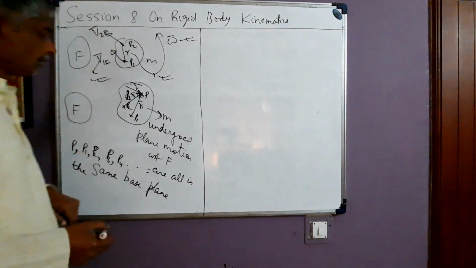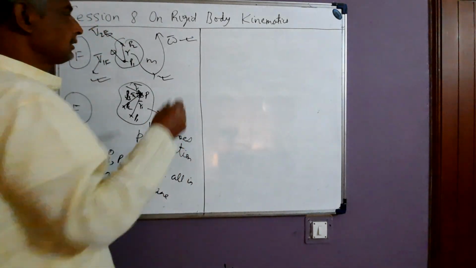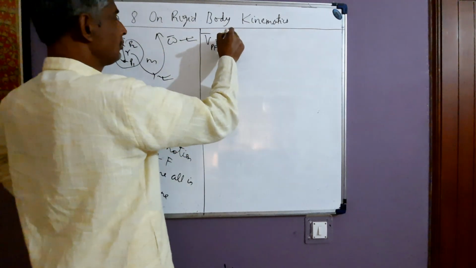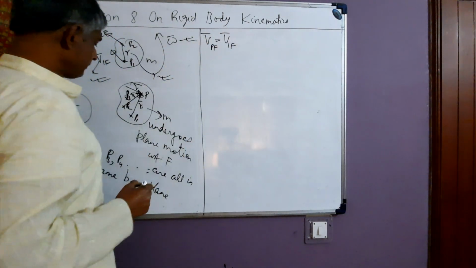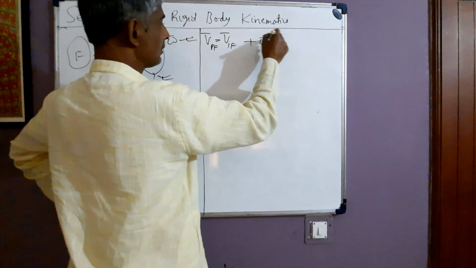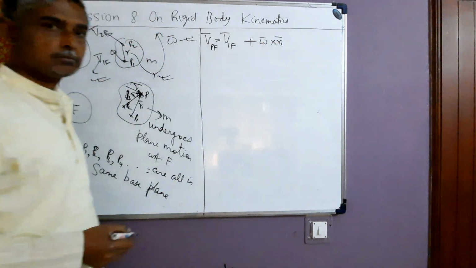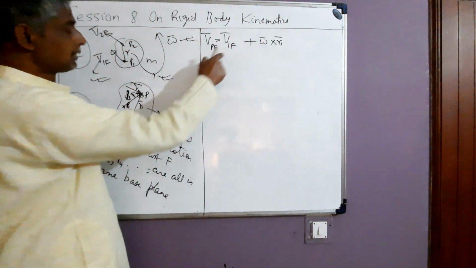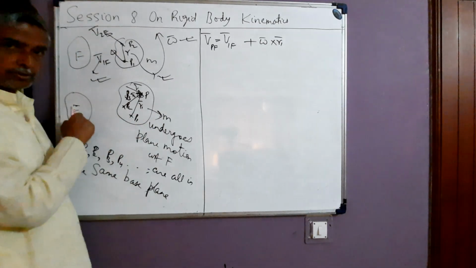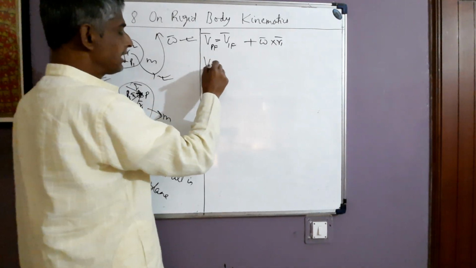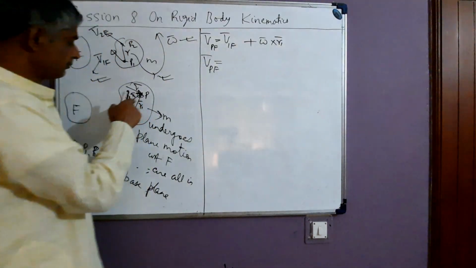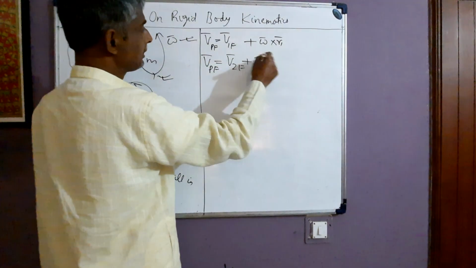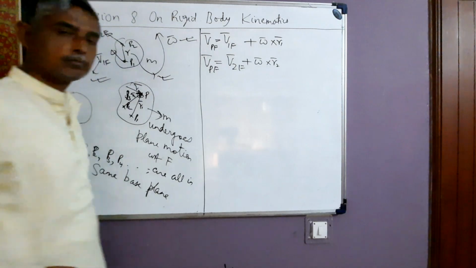Now we know from the vector formula that VPF is equal to V1F plus omega cross R1, where V1F is the velocity of P1 with respect to F. If we write VPF in terms of V2F, the velocity of P2 with respect to F, it becomes V2F plus omega cross R2.